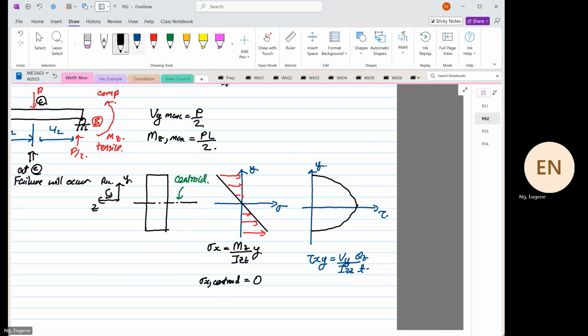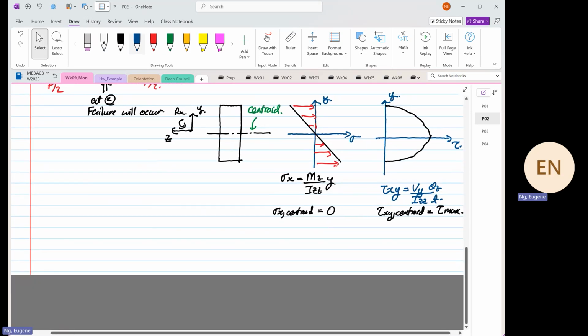Zero. The shear stress at the centroid is equal to what? Are we clear? The trend is different now. We know that due to the bending moment, stress X is equal to 0 at the where? Centroid. And we also know now that what we observe is at the centroid, the shearing stress is at its what? Maximum.